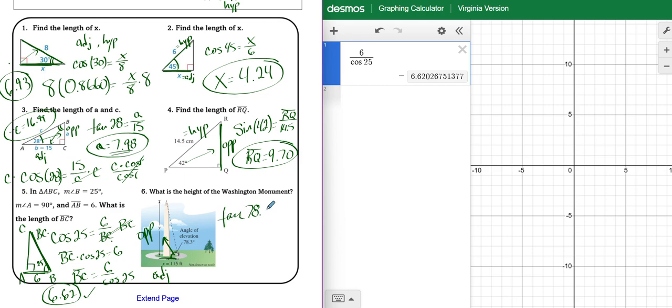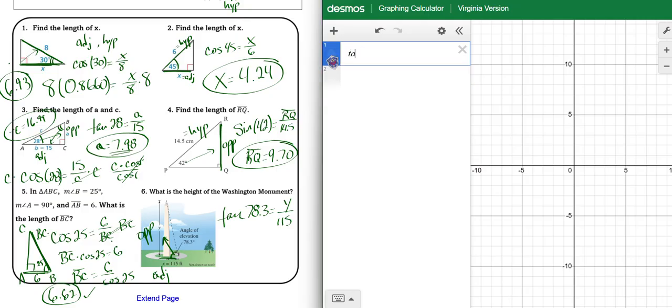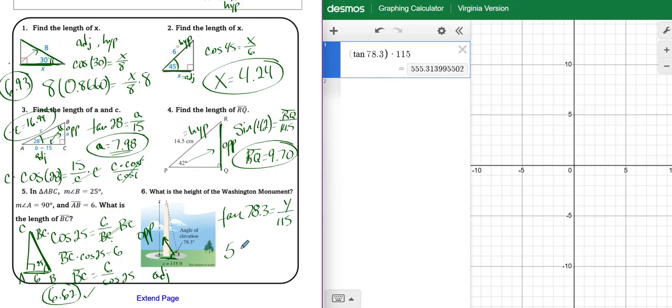We're going to use tangent of 78.3 equals the opposite over the adjacent. So we could just multiply 115 times tangent of 78.3. So it is 555.31 feet tall.